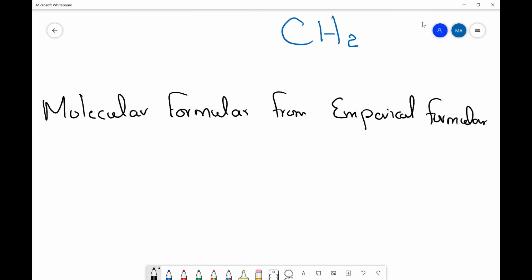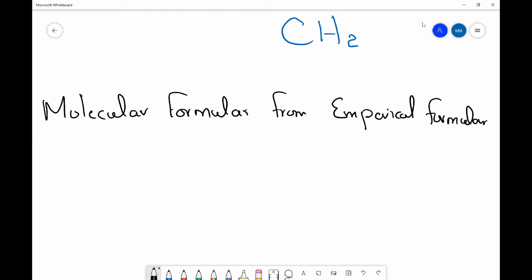Okay, so for molecular formulas from empirical formulas, it is important that you have the relative formula mass of a compound and the empirical formula mass. This is very important.